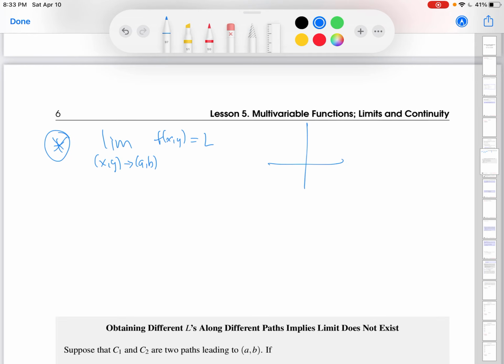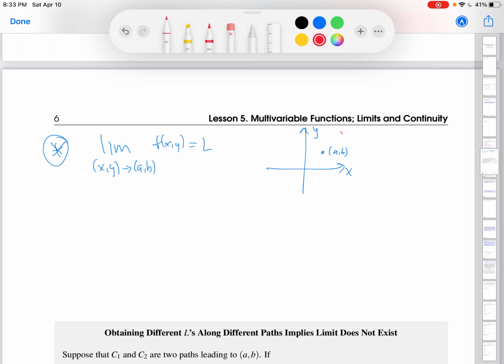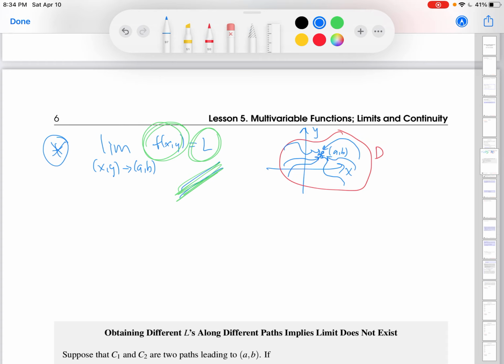I'm making the claim that if I look in the plane, wherever the point (a, b) is, and I stay within the domain of f, let's say that the domain of f is this set here, D, then the limit actually equals L. I am saying that whatever path to (a, b) I take inside this domain, however curvy, however crazy, along each of those paths, I eventually get z values that are getting as close as I'd like to L. So this has to be true for every path that can eventually end up at the point (a, b).